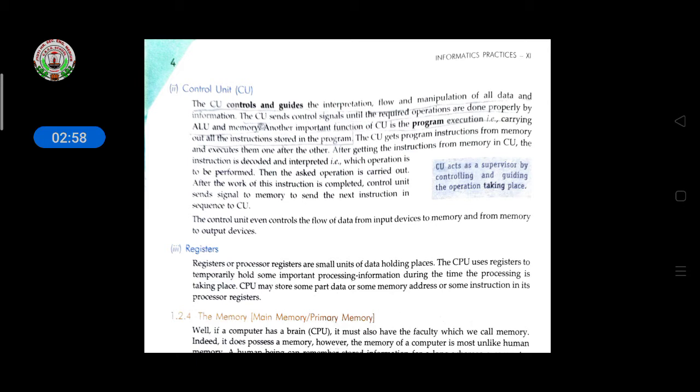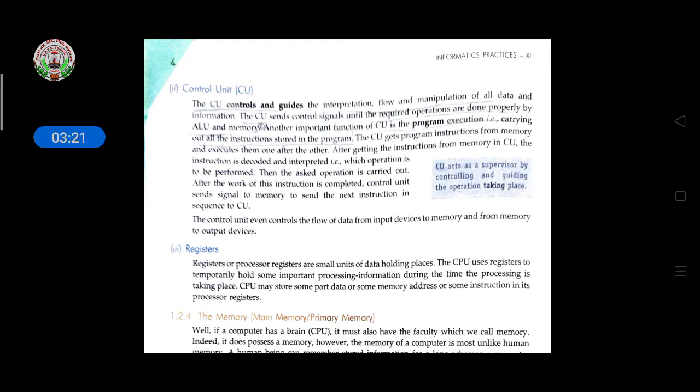The control unit manages the CPU and manages the flow of data. Flow of data means how to send the data, how to store the data in a memory device, and how to send the result.